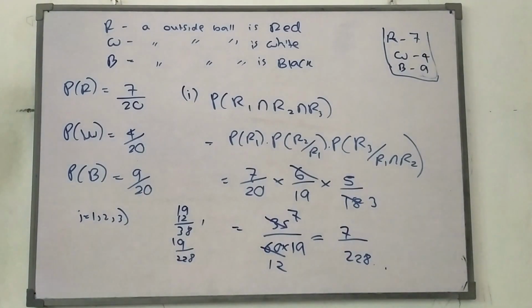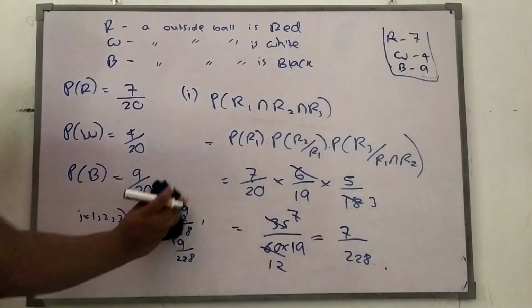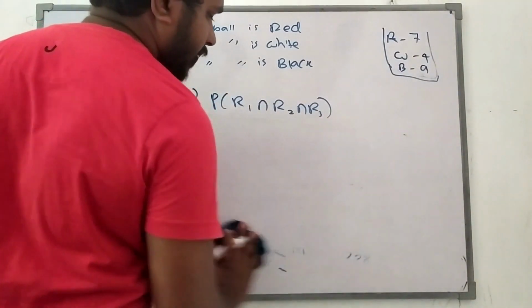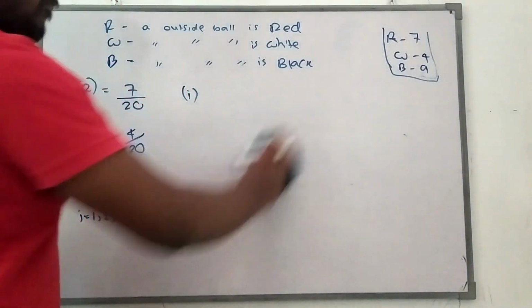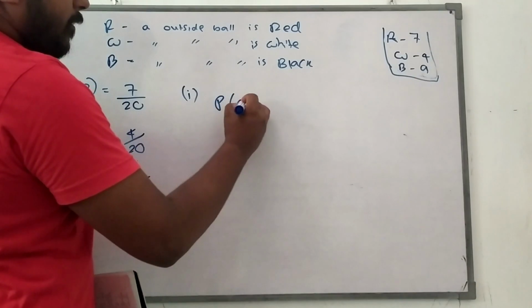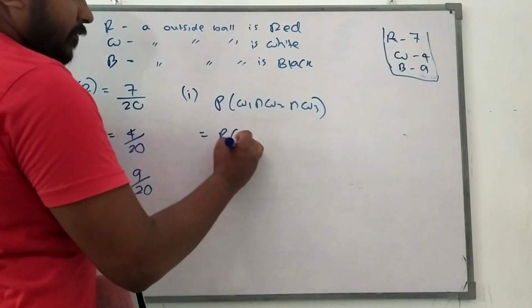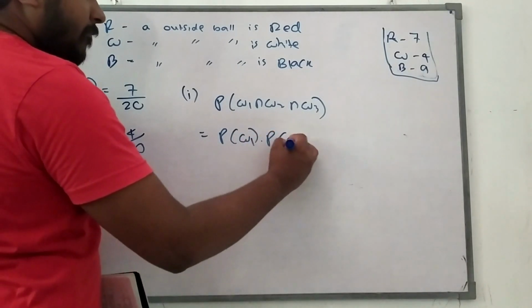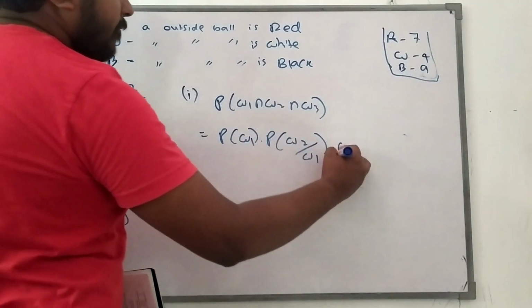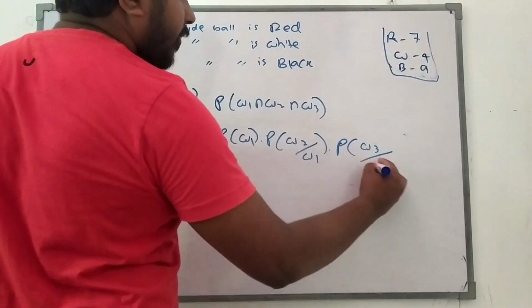The next one, all 3 balls will be white. That means W1 white, W2 white, W3 white. So P(W1), P(W2 given W1), P(W3 given W1, W2).